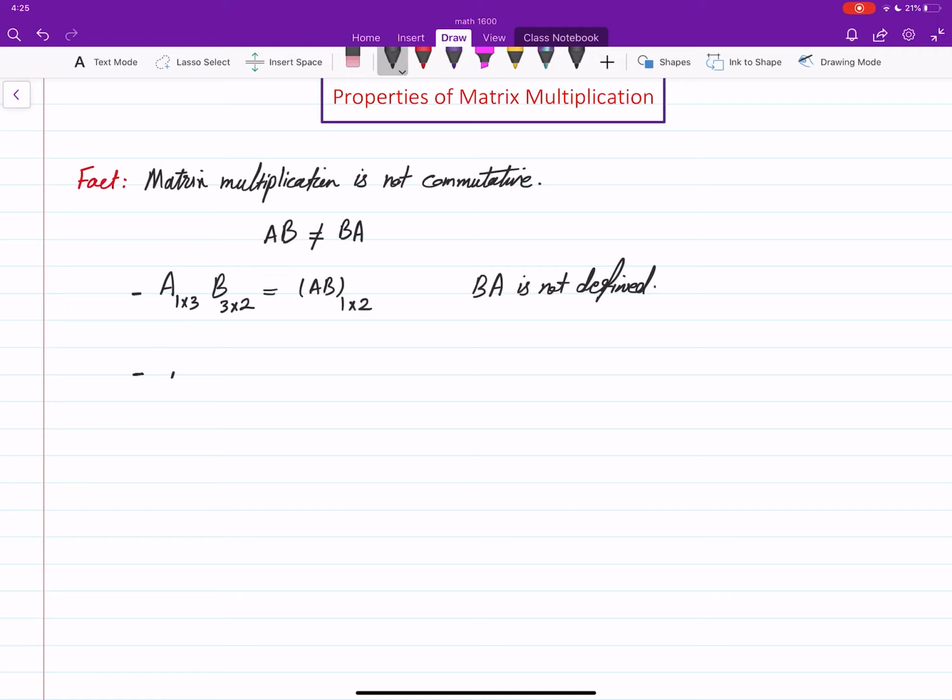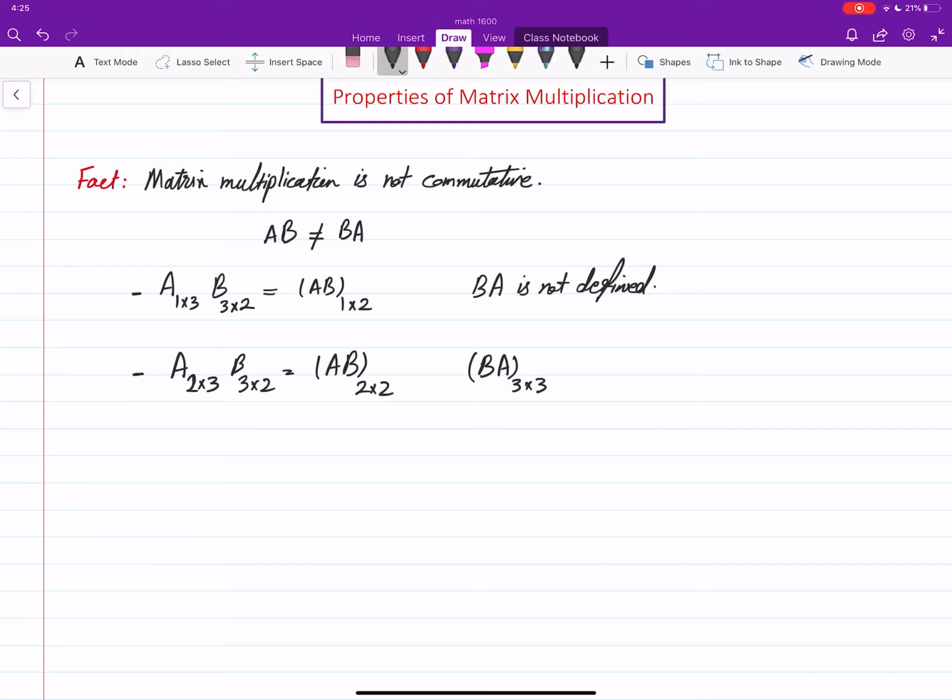Let's say A is 2 by 3 and B is 3 by 2, then yes, you can multiply A to B, and AB is going to be a 2 by 2 matrix, and you can multiply B to A also, and this one is going to be a 3 by 3 matrix.